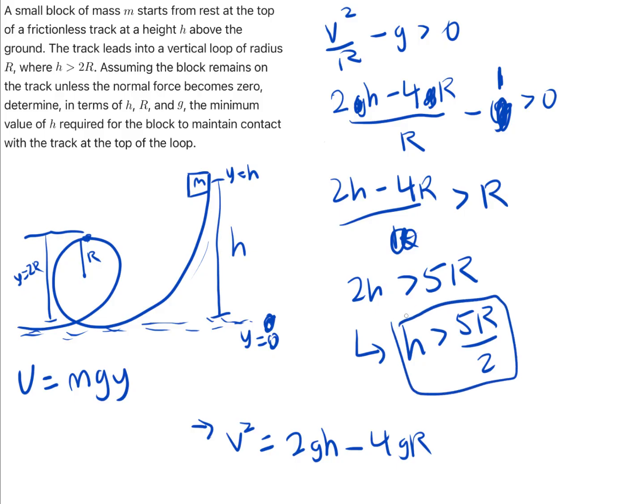And so this implies that the minimum h required is just simply 5r over 2. And that is how you would solve this problem here.